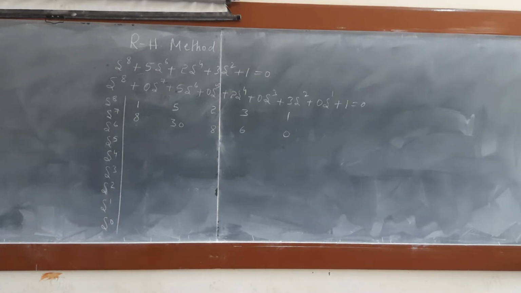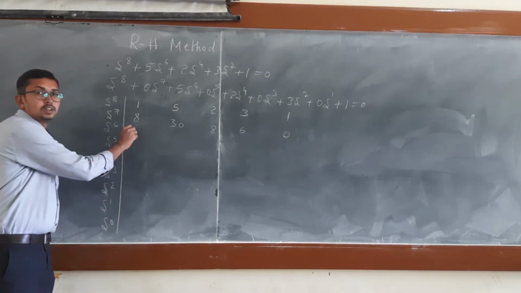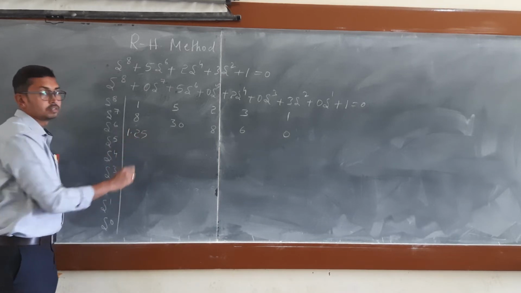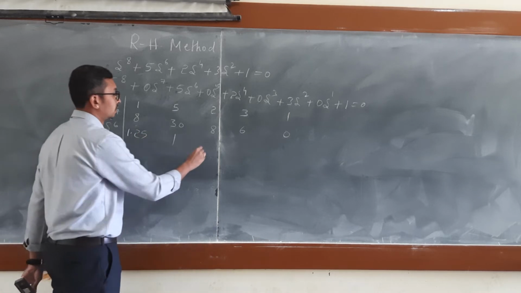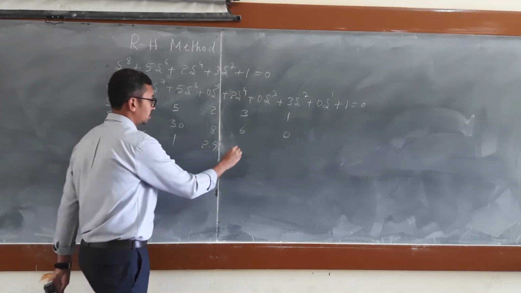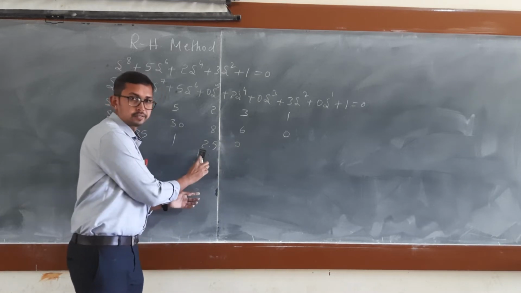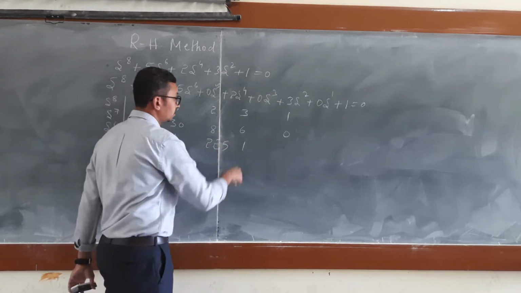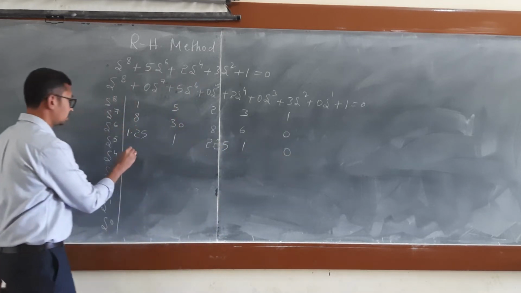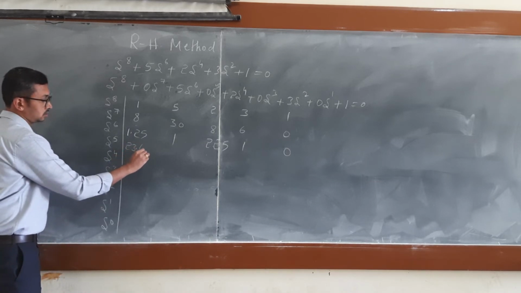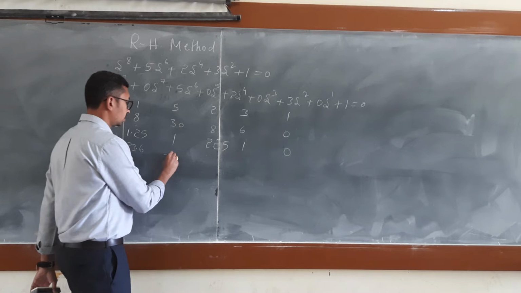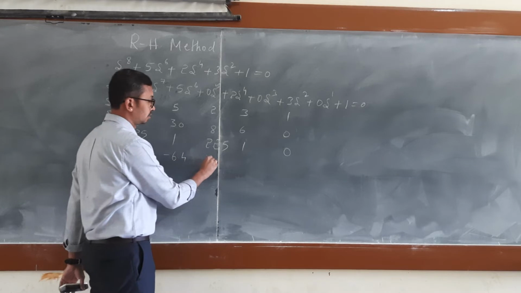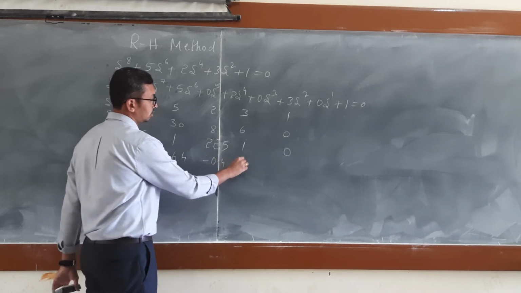Now please tell me the next row. 1.25. Yes, please make the point. Yes, 1.25, 2.25, 1, 0, 0. Then 23.6, minus 0.6, 4, minus 6.4, next term minus 0.4, next term 0.